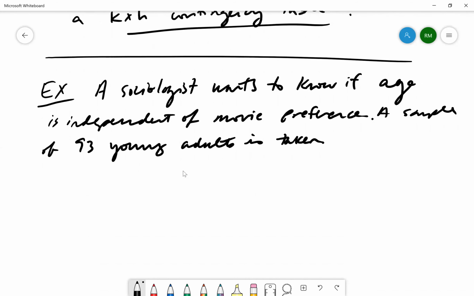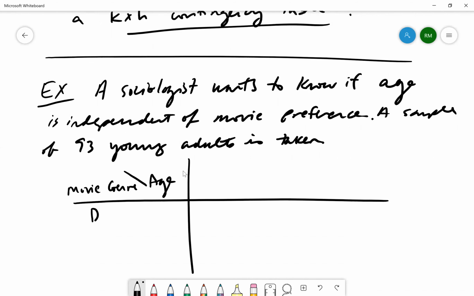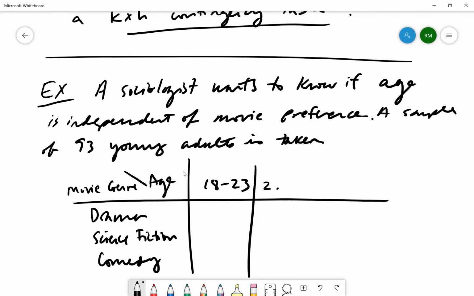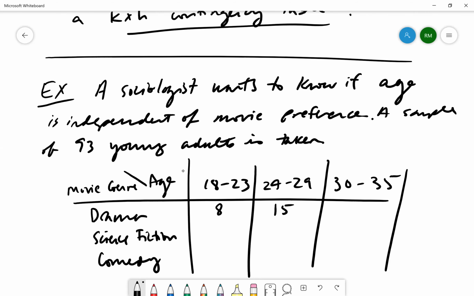So we have drama, science fiction, and comedy. We took the survey and divided up the ages into these years, and we collected the following data.